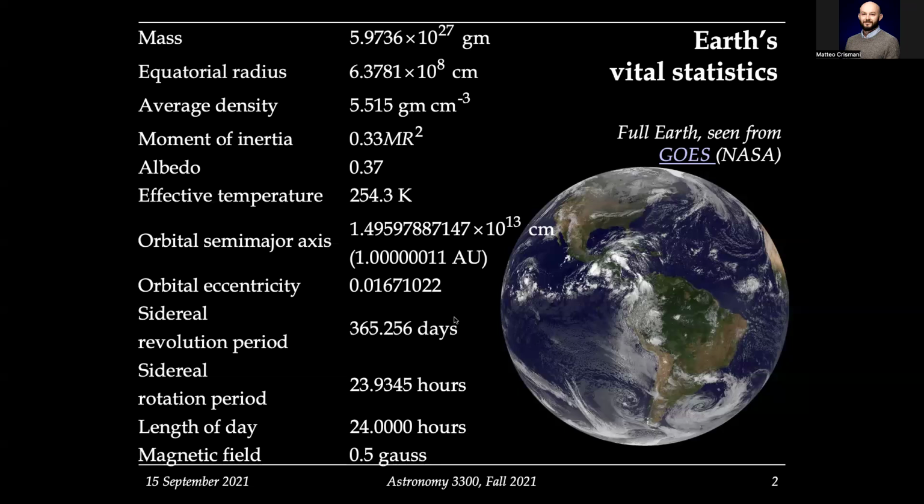Albedo, is that surprising? No. Yeah, the ocean's very dark, right? So even though we have clouds, and on a very cloudy snowball Earth you can get that up to like 0.6, 0.7, for the most part the blueness of the ocean is a real heat sink. Effective temperature, that's fun. Is that what we feel on a day-to-day basis?